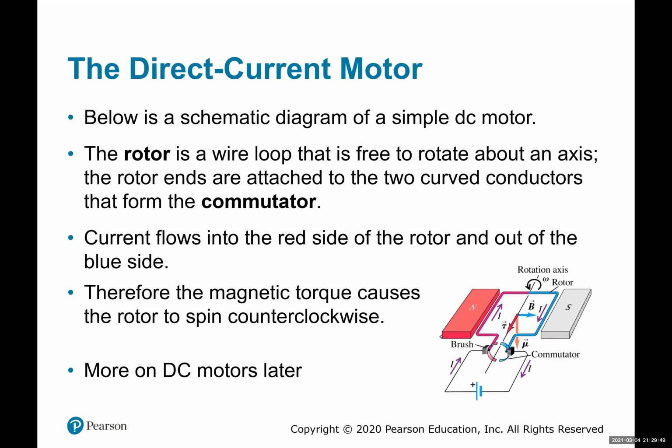The brushes in the picture and the commutator exist to fix the problem that would otherwise just make this thing go from one orientation to the other and back. If we set this up so that we're in the most unstable situation, where the dipole moment and the field are anti-parallel, if we let it go, there will be torque until we get here.